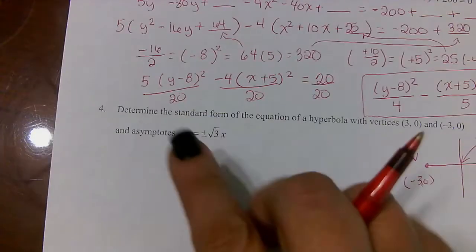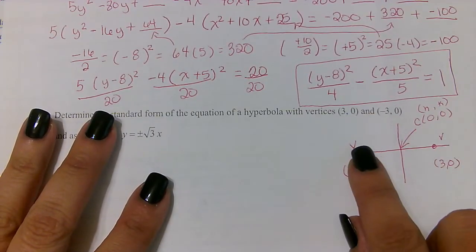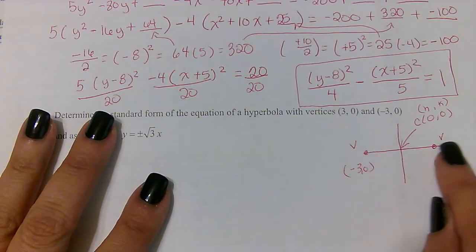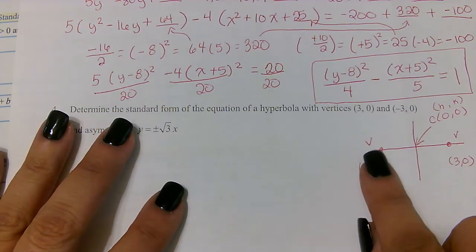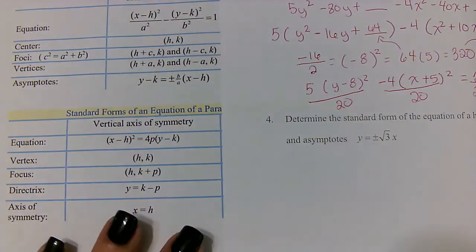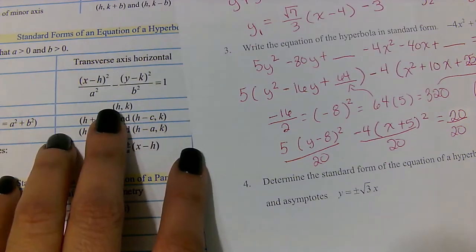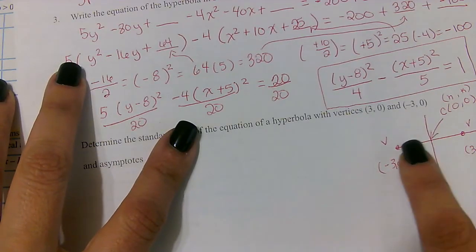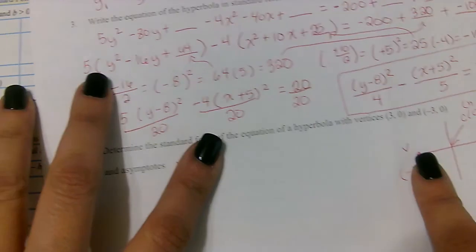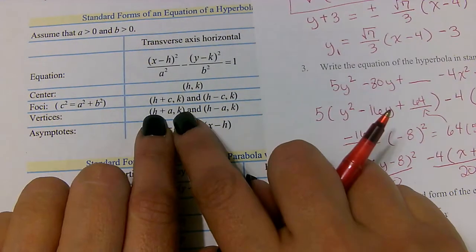Now what I want to do is check my formulas. Remember that the vertices are going to be along the transverse axis, and since it's along the x-axis, we have a transverse axis that is horizontal. So I'm going to be using our first set of equations here. If you want to know the distance between the center and the vertex, just go to the vertex equation.